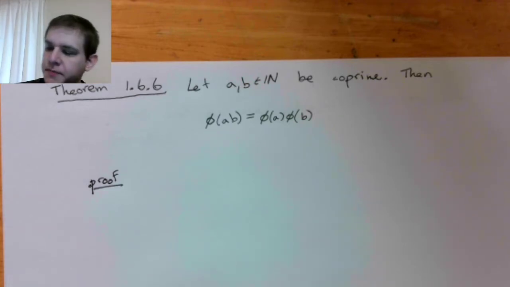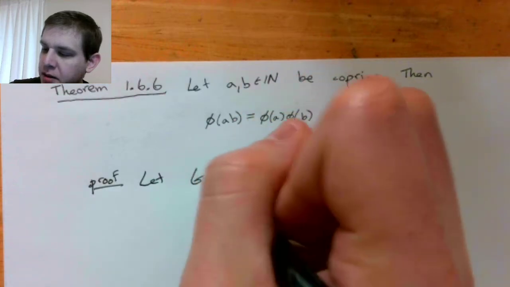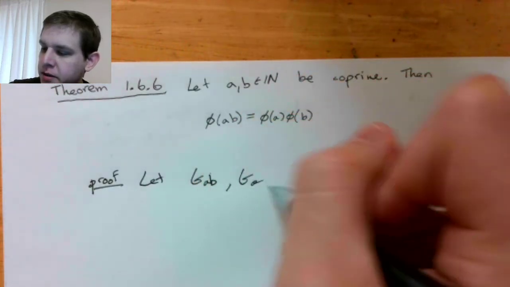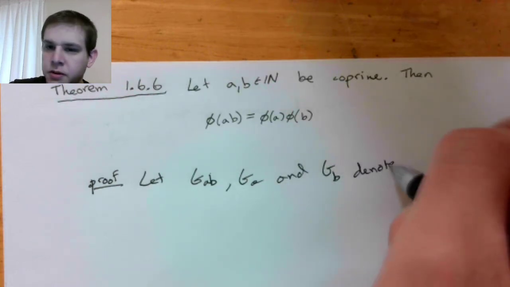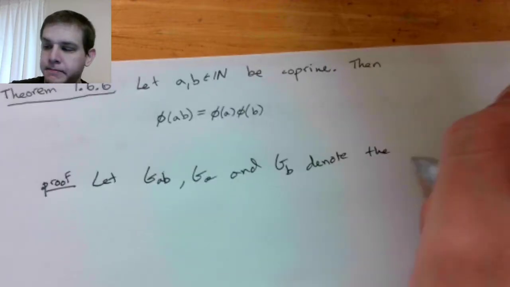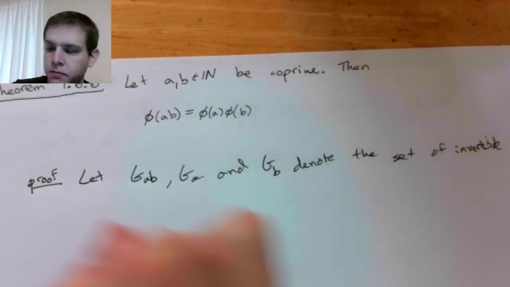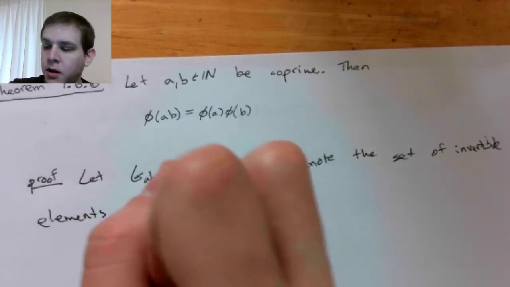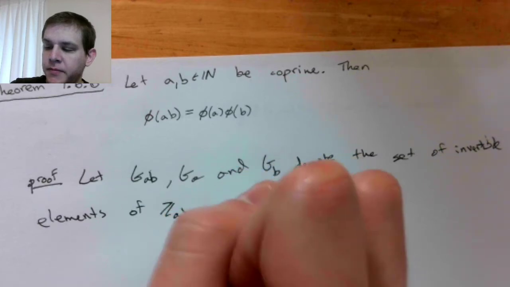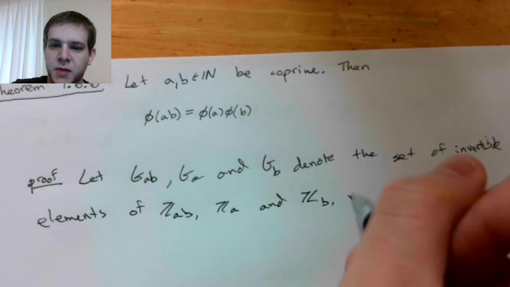So how are we going to do this? Let G sub A and G sub B denote the set of invertible elements of Z_A, Z_B, respectively.